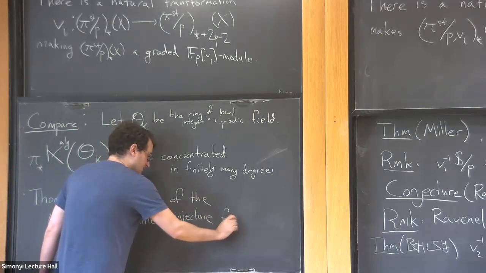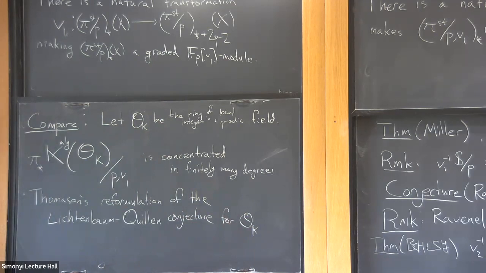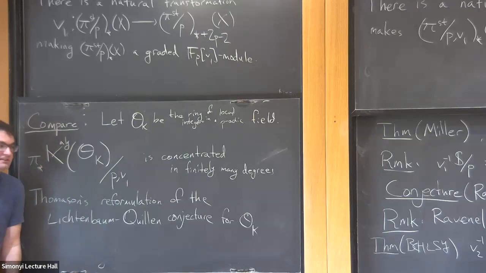And this Lichtenbaum-Quillen conjecture was proved in great generality by Blatsky. But this is a statement that has some history to it, right? This Lichtenbaum-Quillen conjecture is exactly, by Thomason's reformulation, the statement that this is concentrated in finitely many degrees.